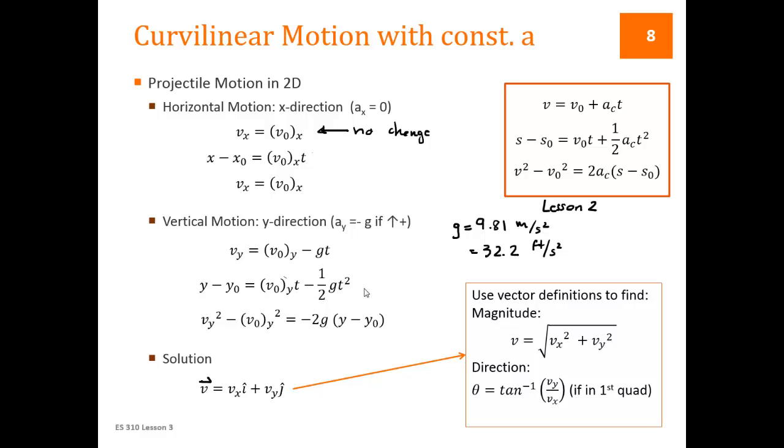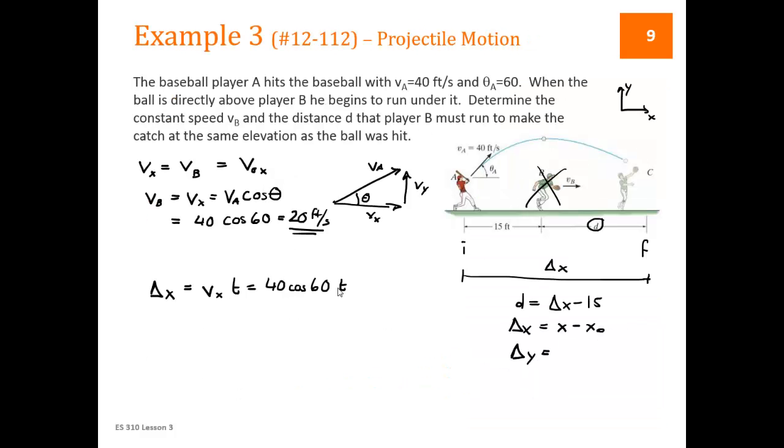So that would give us an equation with only t in it. So let's use that one. Delta y is equal to Vy naught times t minus 1/2 g times t squared. We're working in feet per second, so g is going to be equal to 32.2 feet per second squared.